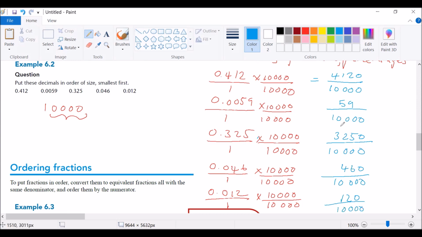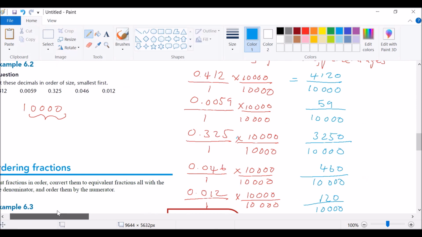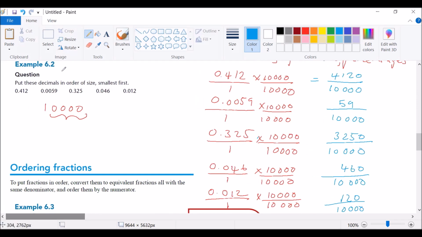Now, since they are with the same denominator, we can compare them. It's easier to compare them when they have the same denominator, so we can put them on a number line. The smallest here is 59 over 10,000, which is represented by 0.0059, followed by 120 over 10,000, which is represented by 0.012.